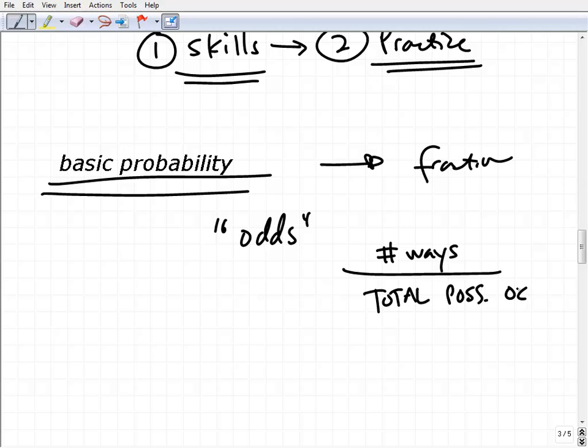All right, and I'm totally scratching here. That's the probability of an event: the number of ways something could happen over the total number of possible outcomes. When you write that fraction out, you're going to get a probability, and then you can look at that as a fraction or a percentage. So there'll be some basic probability. I don't think there'll be a lot on there, but you definitely want to be familiar with some of the basic concepts. All right, moving on.